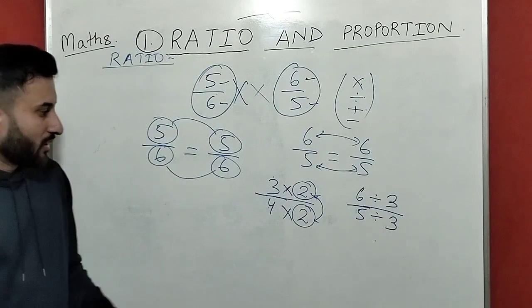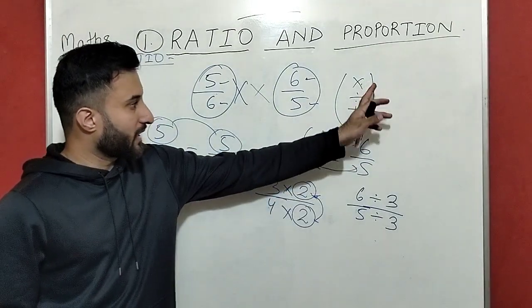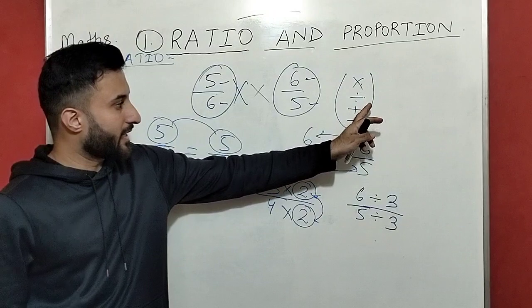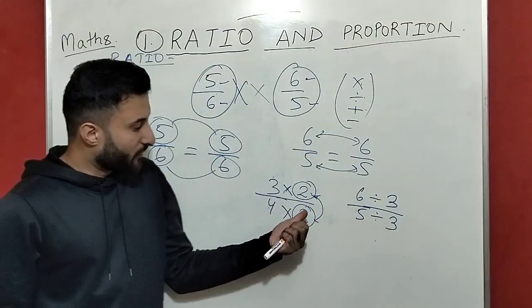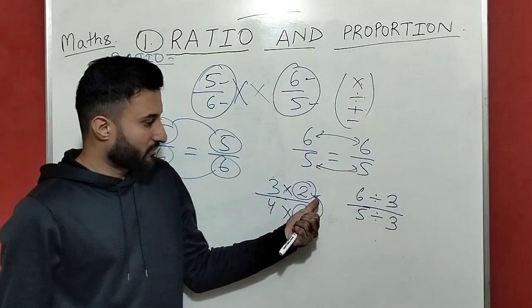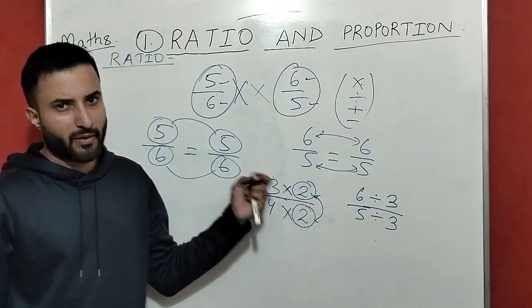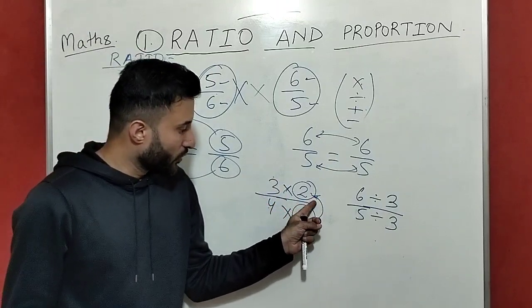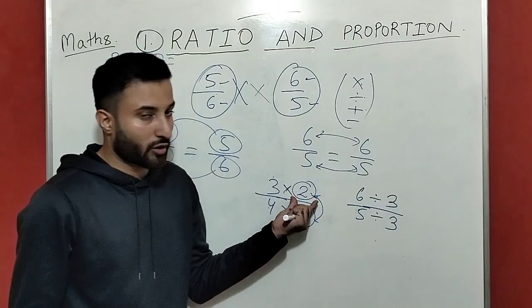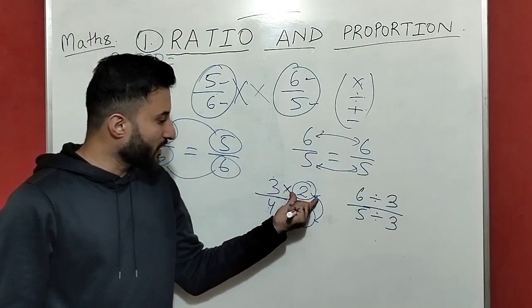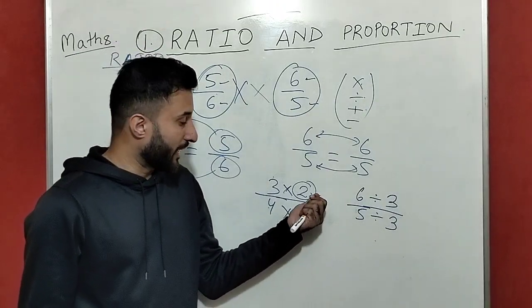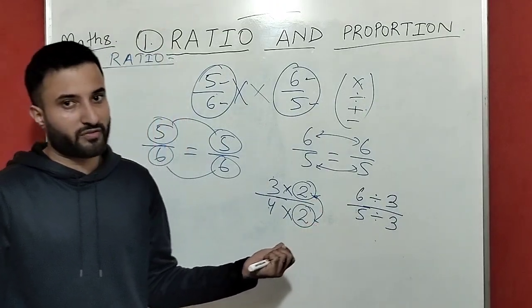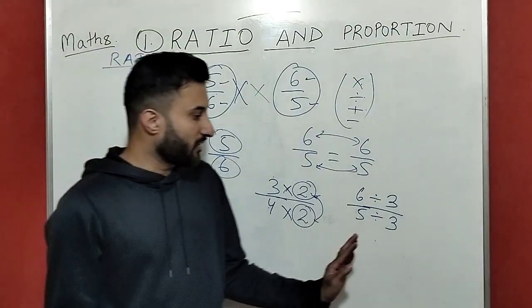Whatever you are doing in ratio, multiplication, division, addition, subtraction, whatever you do with the antecedent, you have to do with the consequent. The number should be the same.